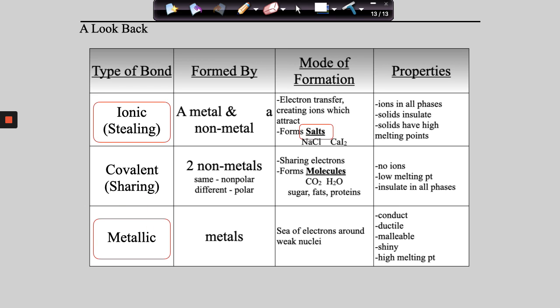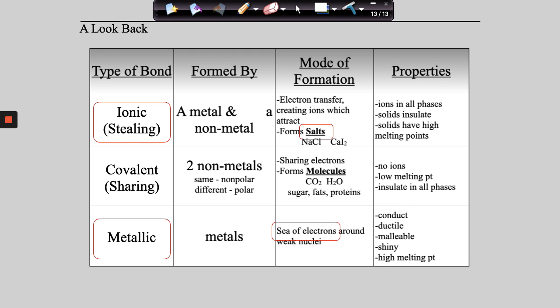We also talked that day about metallic bonding and this interesting idea that these metals are all large and fat and weak, and they lose electrons readily, and when they do, all of these electrons end up moving around throughout the entire substance, and we describe that as a sea of electrons.